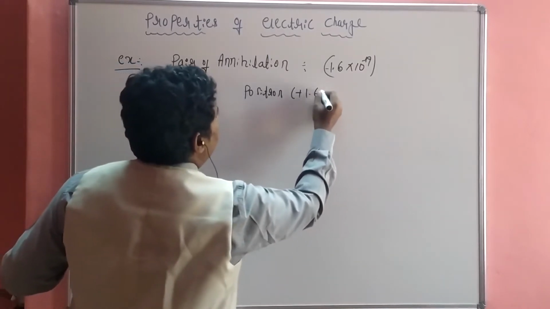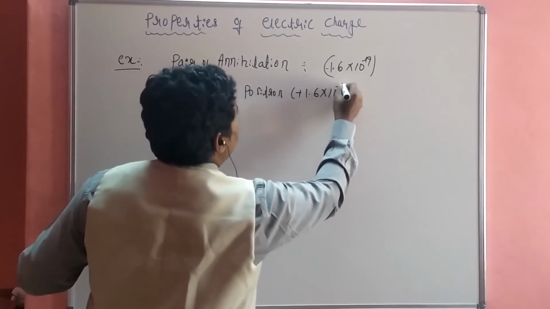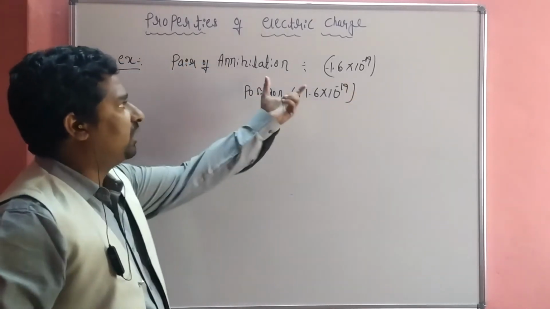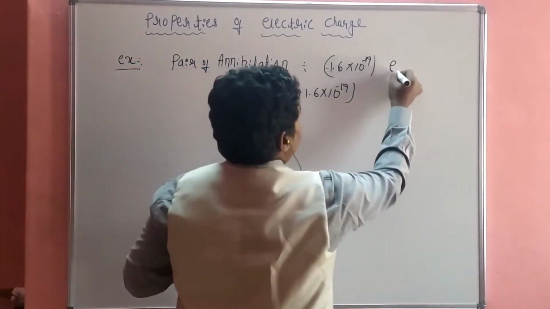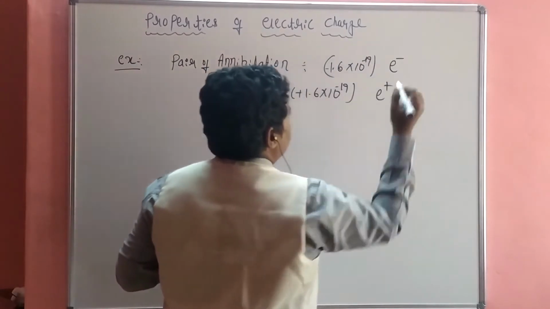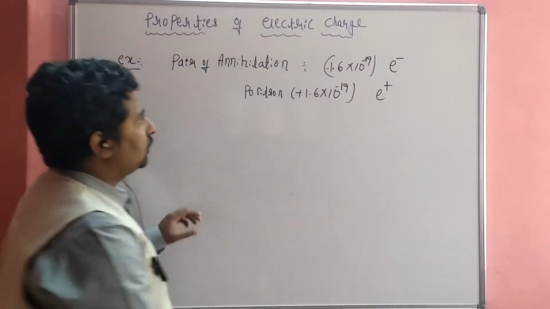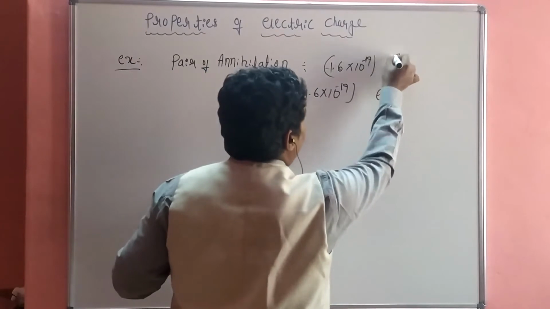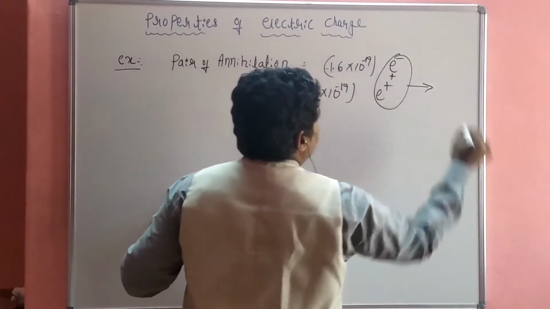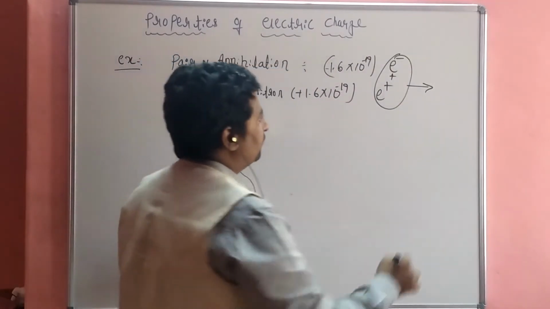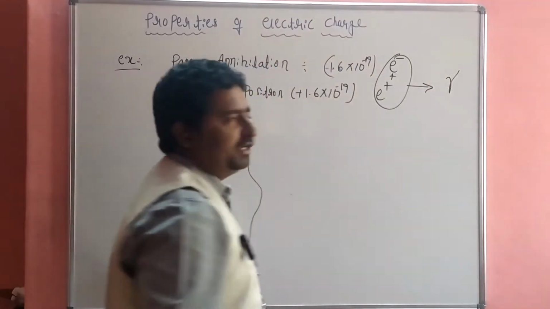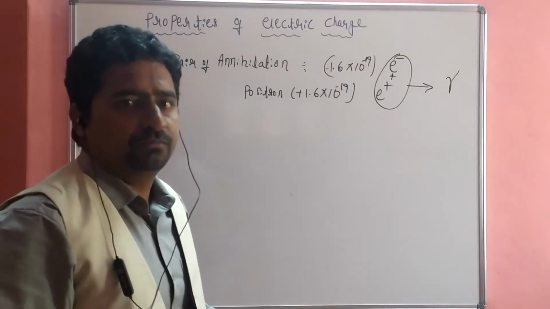So the electron has charge minus 1.6 into 10 to the power of minus 19, and the positron has plus 1.6 into 10 to the power of minus 19. Both combine and are destroyed together, and we get a photon having no charge.